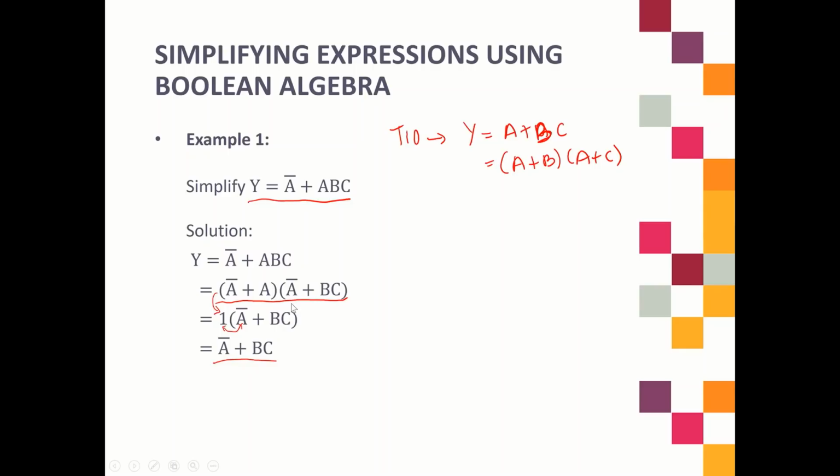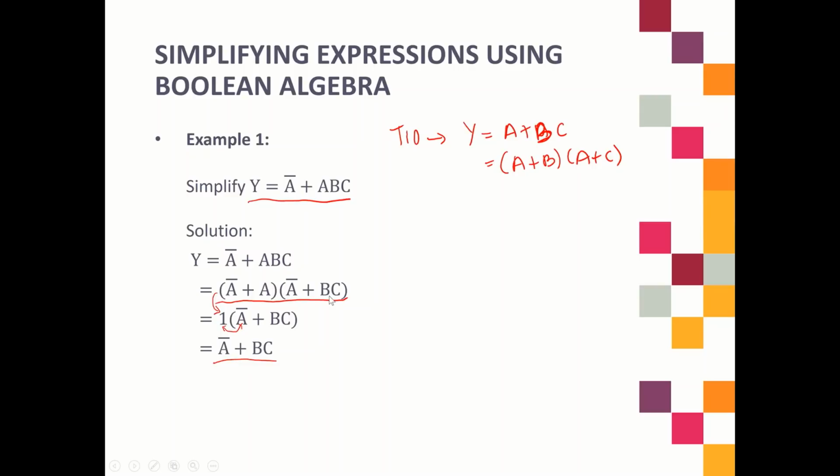Before I continue with the second example, for the first step, which is theorem 10, if you look at the expression that you get after you apply theorem 10, you have two terms: A bar plus A and A bar plus BC. If you refer to your manual for theorem 10, you can also expand the last term, A bar plus BC.